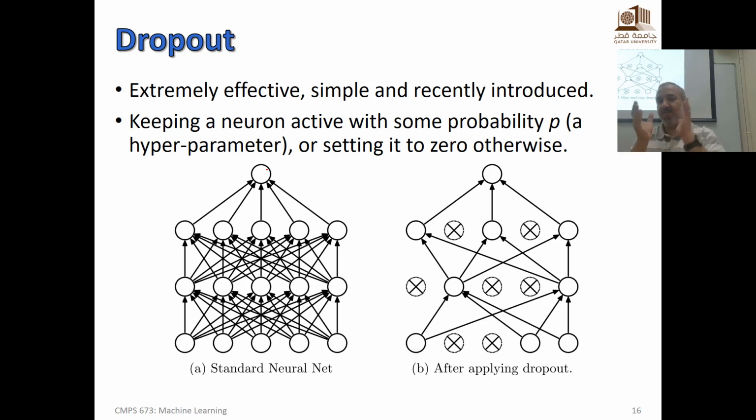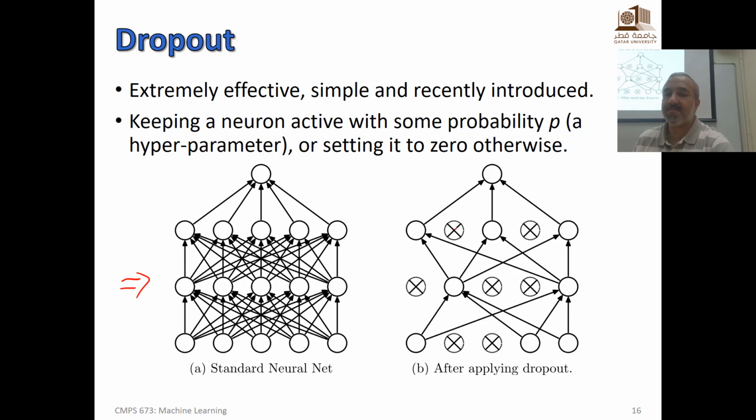So this is a completely different idea. Okay, so what is dropout? On the left here you see a full network, right? This is what we used to see. In dropout, during training of one example, and this will repeat of course for every example, we will select a percentage of the neurons and we will drop them out.